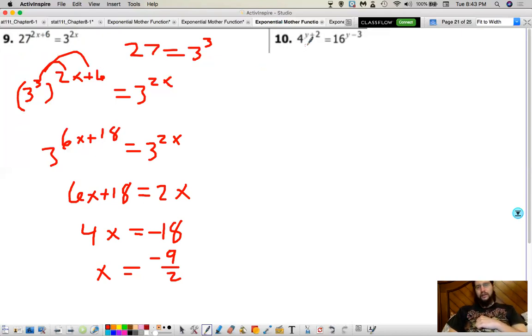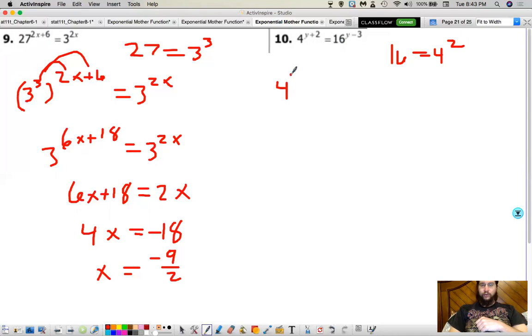Okay, I got 4 and I got 16. Well, we could put them as both 2s. This would be 2 squared, and this would be 2 to the 4th. But it's even easier. We know that 16 is 4 squared, right? 16 is 4 to the 2nd power. I'm going to use that because the less work I have to do, the better, in my opinion.